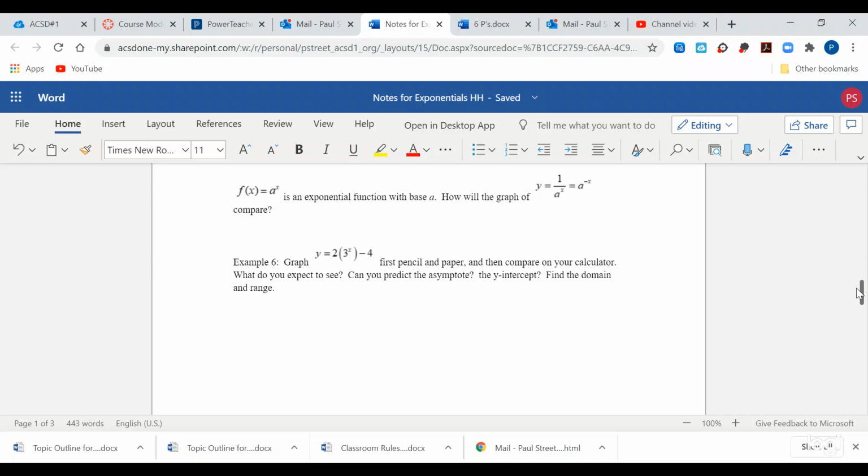If f of x is a to the x, then how does the graph of 1 over a to the x, which is y equals a to the negative x, compare? So the question is a to the x and 1 over a to the x, which is also known as a to the negative x. How will their graphs compare?